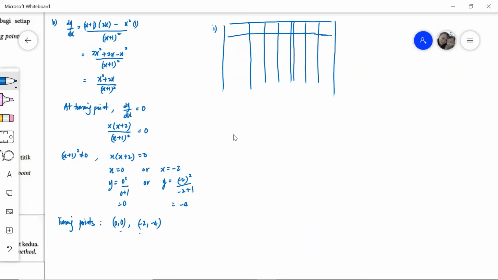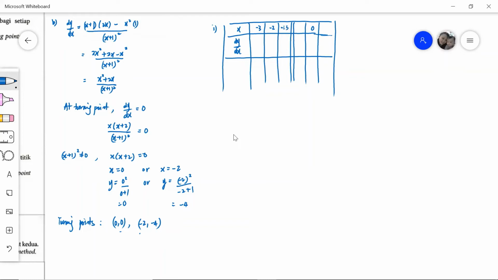So this will be the x, and this one will be the value of dy/dx. Our points are -2 and 0. We test the point before and after. So for -2, before is -3, then after is -1. But remember, in this function x can never be -1, so we cannot choose that. So we shall choose -1.5.